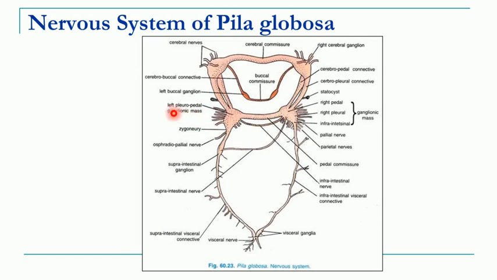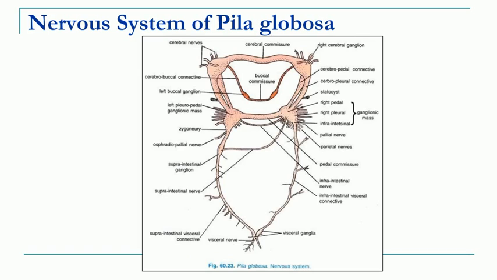Okay, so you have the left pleuropedal ganglion and right pleuropedal ganglion, and they are connected with each other. So the pleuropedal ganglion on the left side is connected with the right side pleuropedal ganglion with a commissure that is called the pedal commissure.